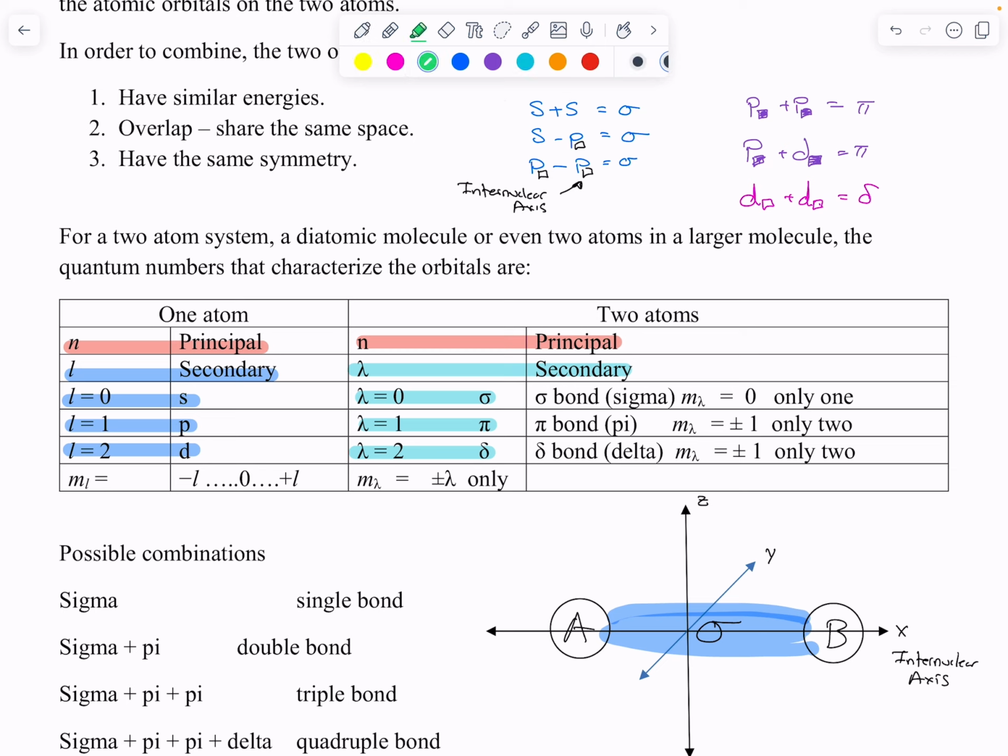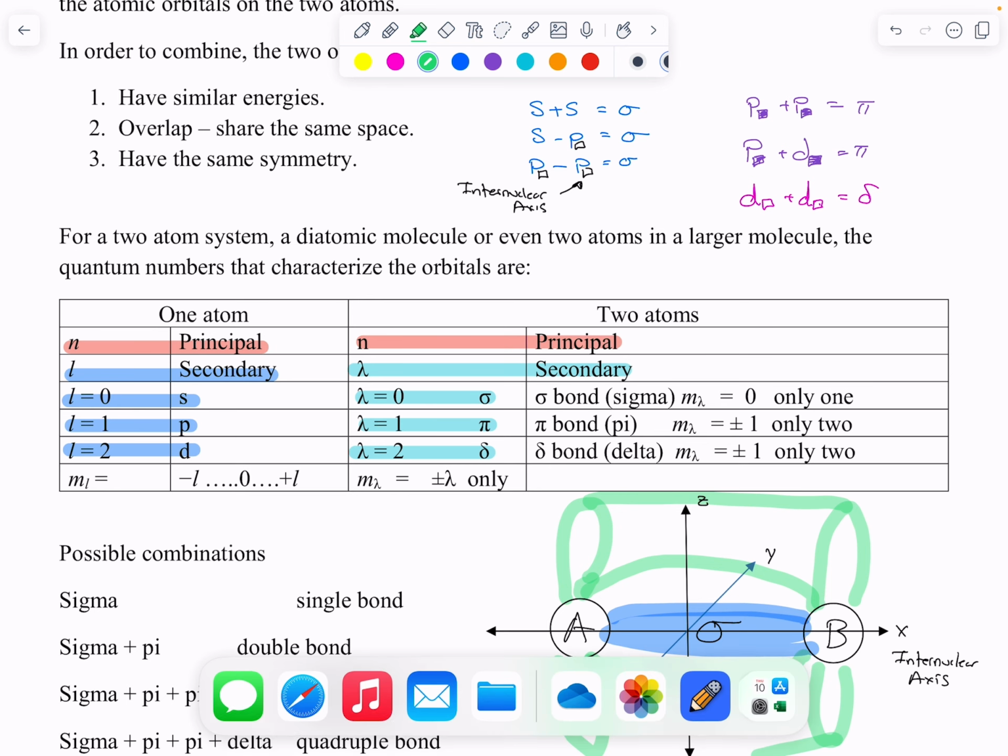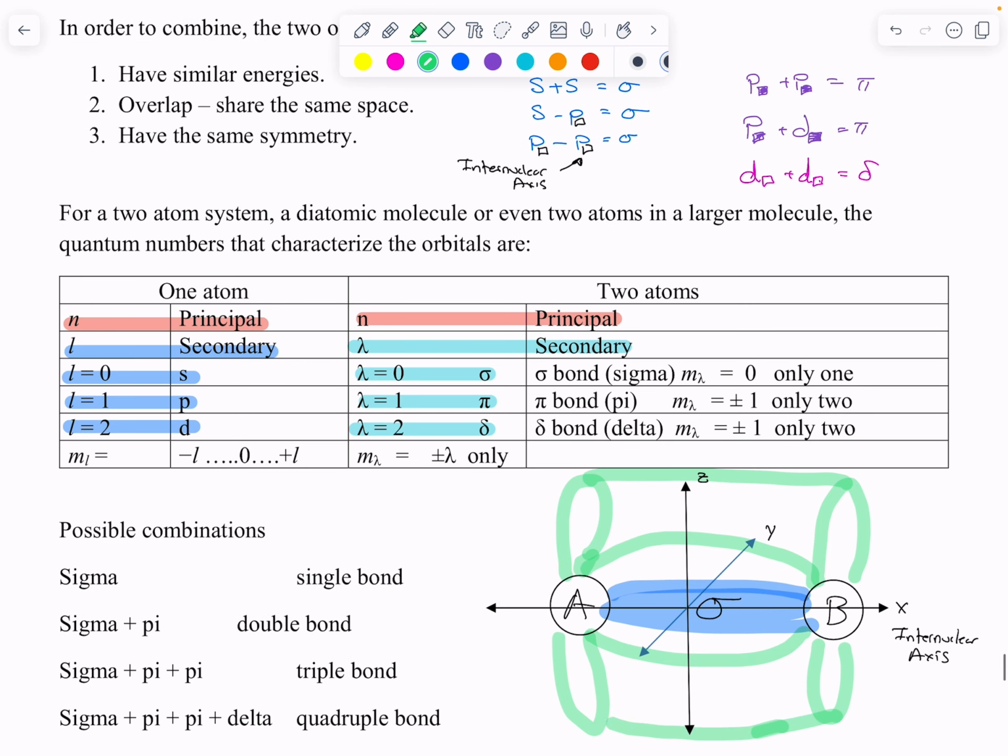We could have a vertical p orbital and a vertical p orbital, and they make a new arrangement around the sigma bond, with the mirror image up top.